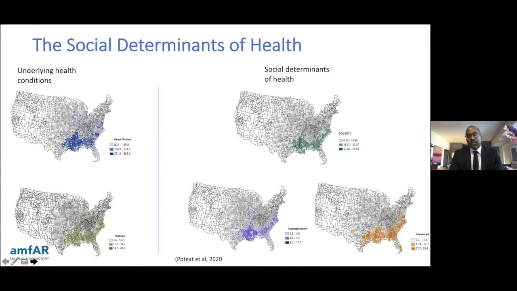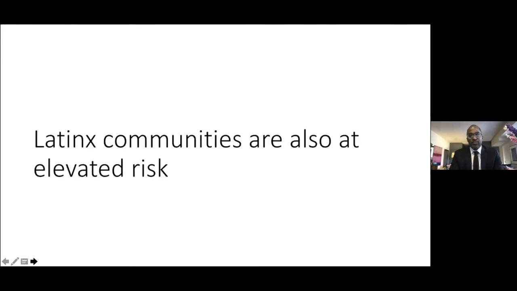But the main thing that we've learned from our study, and we're seeing in other studies as well, is that it's the social determinants of health that are really driving these higher rates of COVID-19 in disproportionately Black communities. You can also see here higher rates of poverty, unemployment, and uninsurance. And as I showed you beforehand in our multivariable analyses, underlying health conditions were actually non-significant. What was significant were the social determinants of health in predicting cases as well as deaths in disproportionately Black counties.